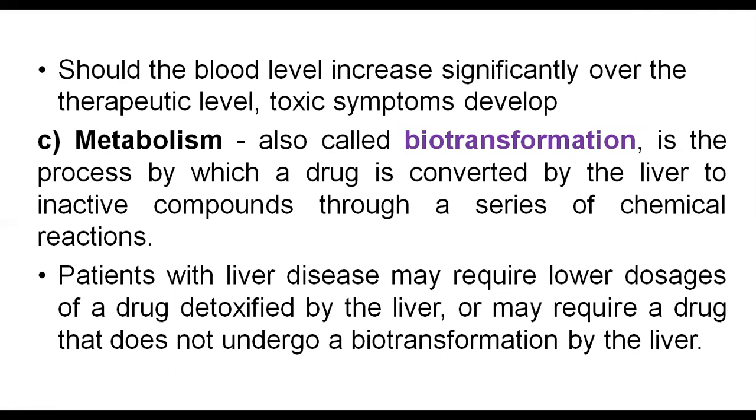We don't want to be below the minimum effective concentration, and we don't want to go into the toxic level. We want to maintain it at the optimum level where we can exert the maximum effects on the target tissues. So that is about distribution of the drug.